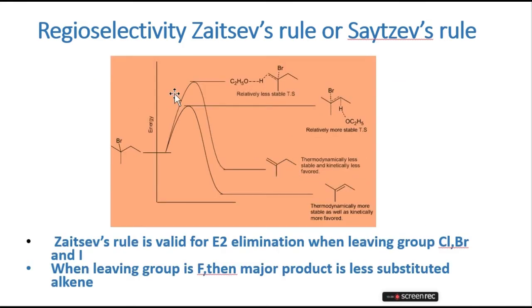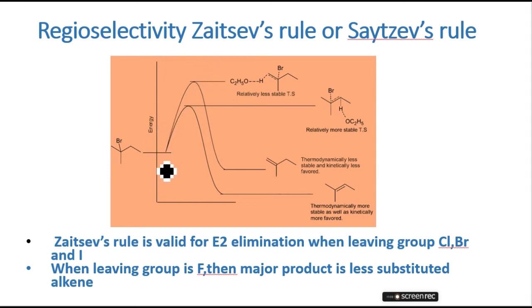So in the next slides, we will discuss the reason for the major product formation using the Zaitsev rule.